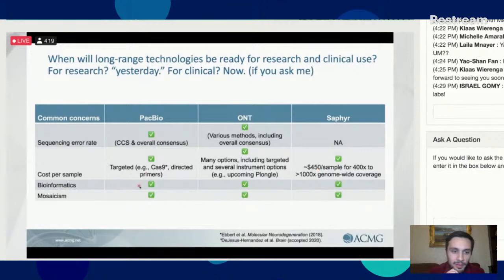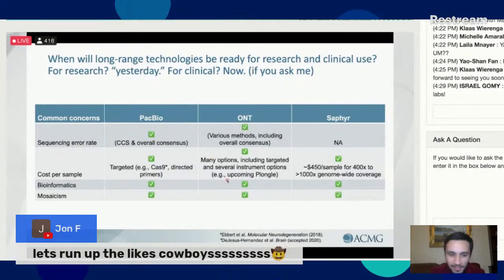For the bioinformatics, these days the tools are mostly available, and for the Saphyr, it's straight up turnkey. There are clinical tests available now using that technology. Mosaicism is a real strength for these, using either targeted or consensus sequencing.